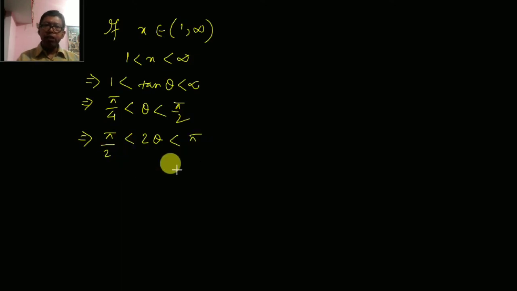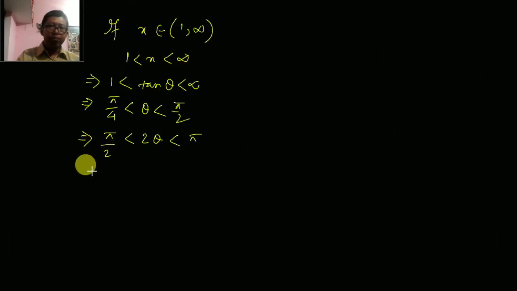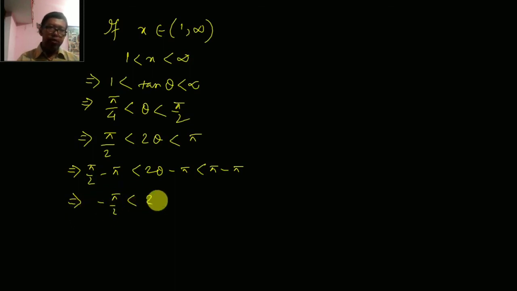Is it your range or a subset of the range? See the previous page, the range is minus pi upon 2 to pi upon 2. So you have to adjust this to make it part of the range. Subtract pi from each term: pi upon 2 minus pi less than 2 theta minus pi less than pi minus pi, so this is minus pi upon 2 less than 2 theta minus pi less than 0.